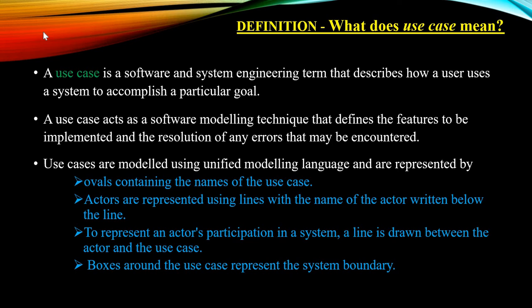They are represented by ovals containing the name of the use case. We shall see all these notations in the following slides. Actors are represented using lines with the name of the actor written below the line. To represent an actor's participation in a system, a line is drawn between the actor and the use case. Boxes around the use case represent the system boundary.